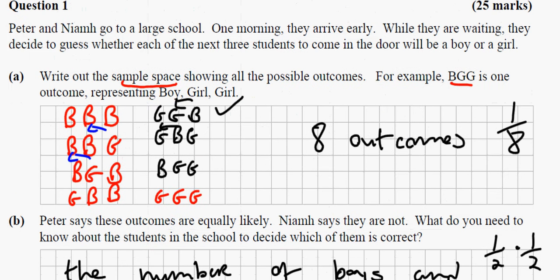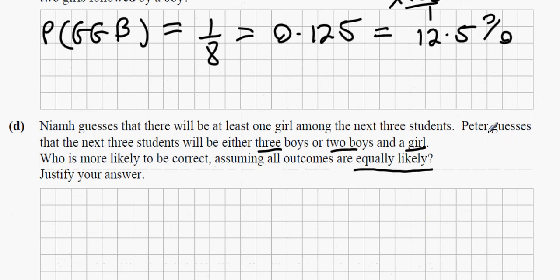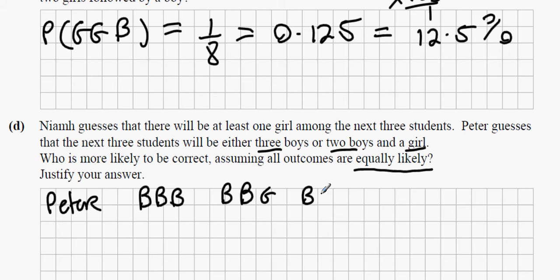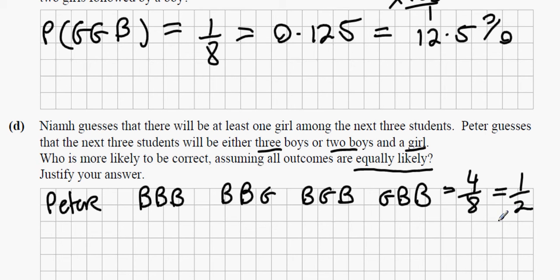Now Peter's guess: Peter wants 3 boys, or 2 boys and a girl. So 2 boys and a girl would be boy, boy, girl; boy, girl, boy; and girl, boy, boy. Peter's guess covers 4 out of 8 outcomes, which is a half, or 50%.